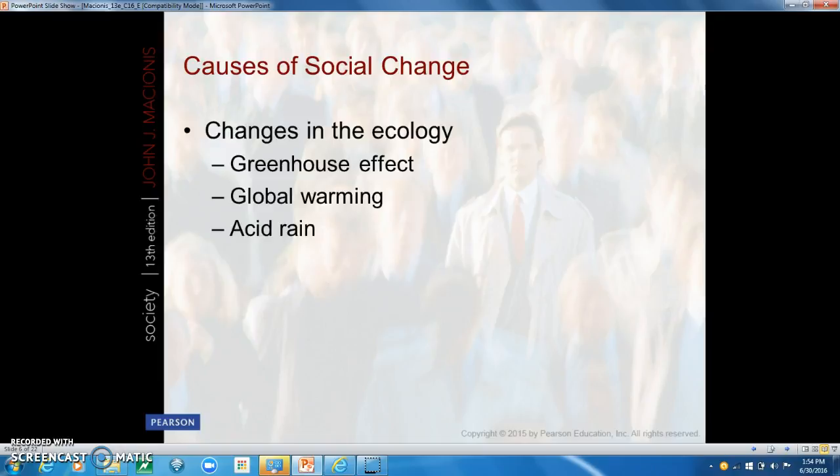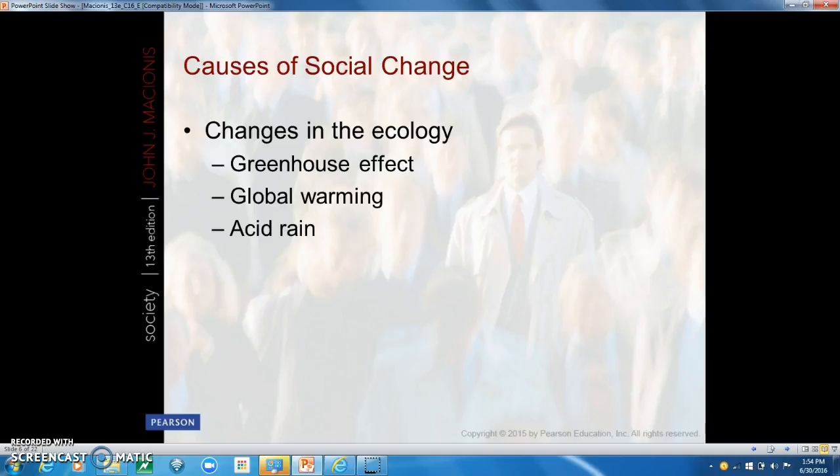Some more causes of social change, certainly changes in the ecology. Class, we have the greenhouse effect, which is expected to alter the distribution of productive farmland by the mid-21st century. The Midwest, we're predicting that it's going to become a desert. It's going to become colder in the north.